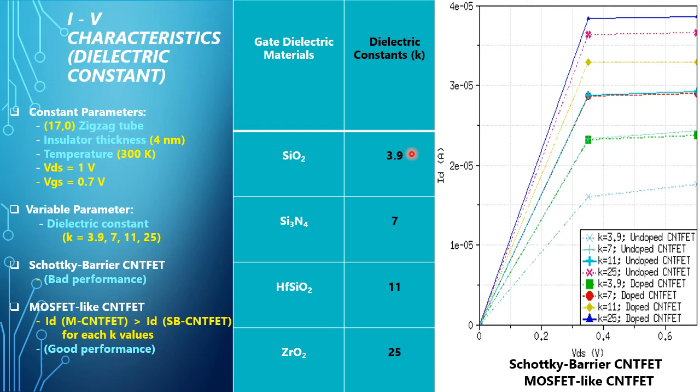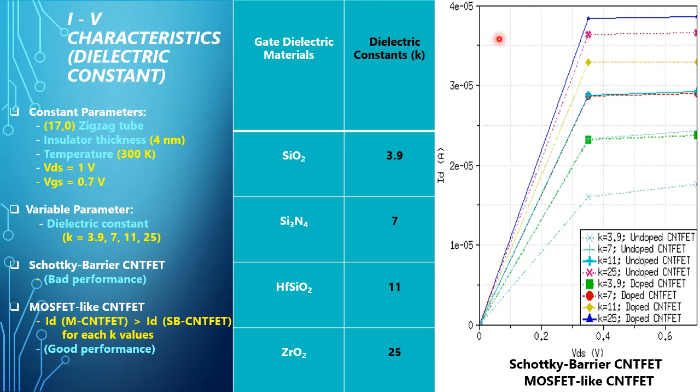It is evident from this figure that at K equal to 25, the doped CNT FET, that is the MOSFET like CNT FET, has the highest current ID of around 3.75 into 10 inverse 5, whereas the undoped one, the SB CNT FET, confines its drain current level at 3.54 into 10 inverse 5.